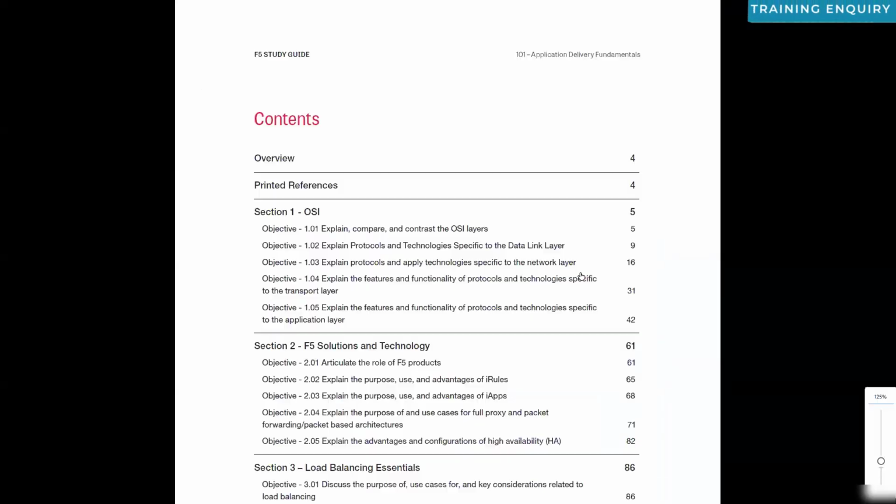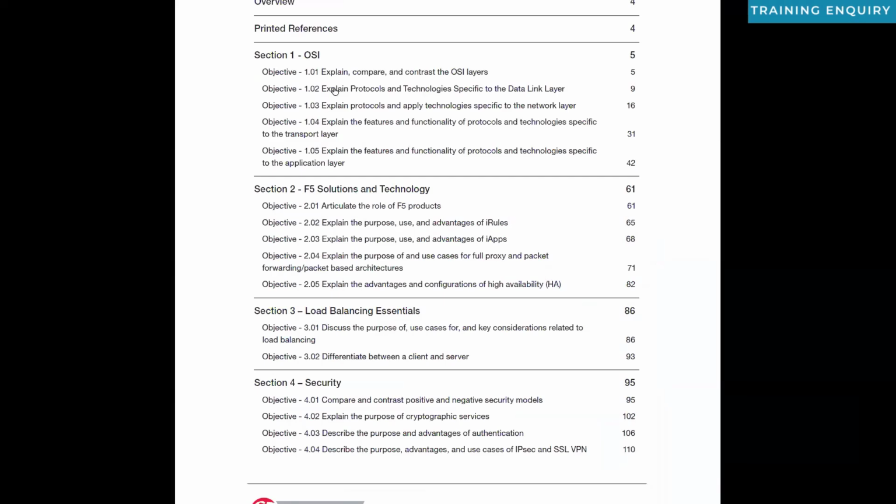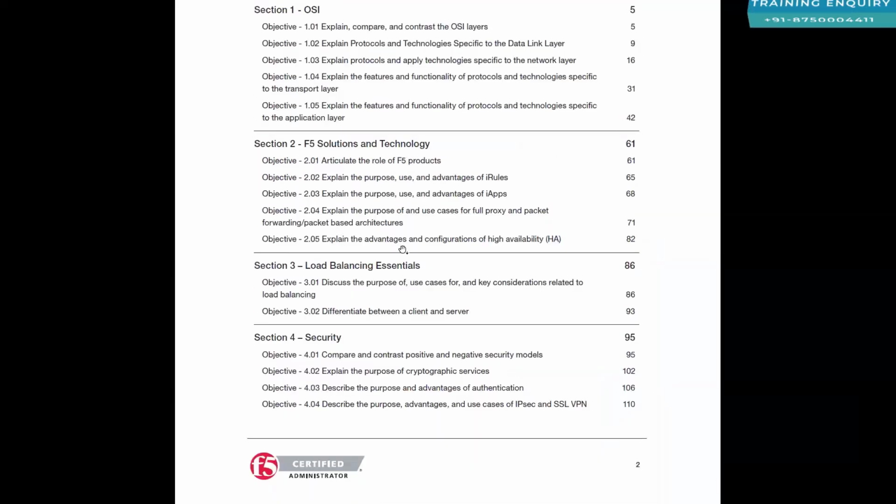So 101 is all about application delivery. It has been divided into multiple sections like the OSI model, then solutions and technology, and then load balancing essentials, like which different load balancing algorithms are supported, and then security topics like what is the positive security model, or what is the negative security model.